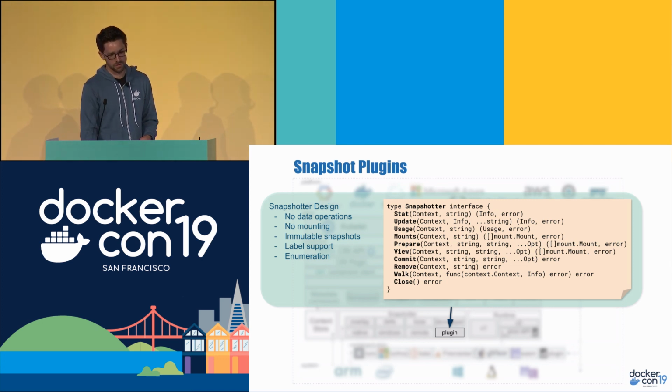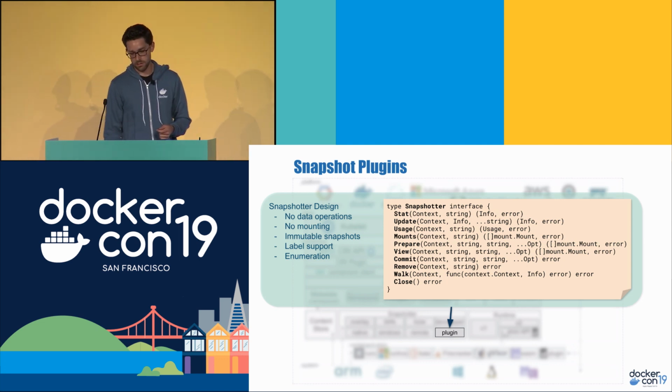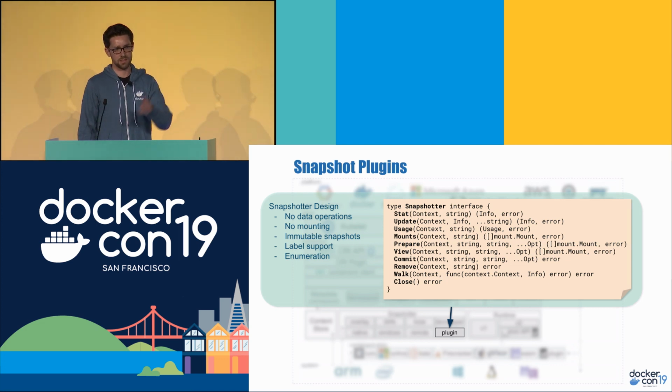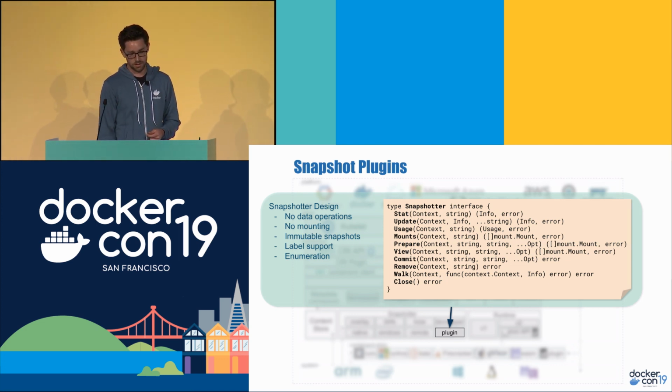As well as enumeration. This seems like a small feature, but it's really important to be able to actually have visibility into what all the different snapshots you have in your system. And Containerd has some cool tools where you can actually see all your snapshots and how they're related to each other using that enumeration.